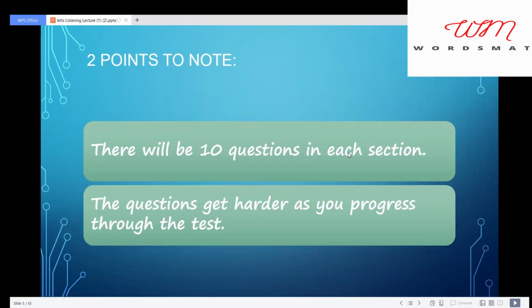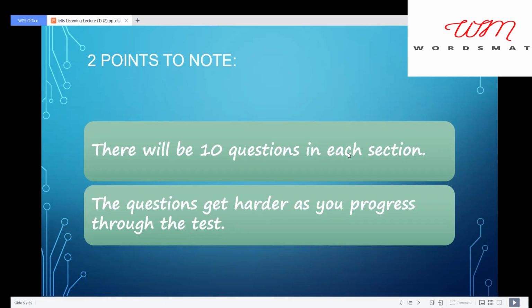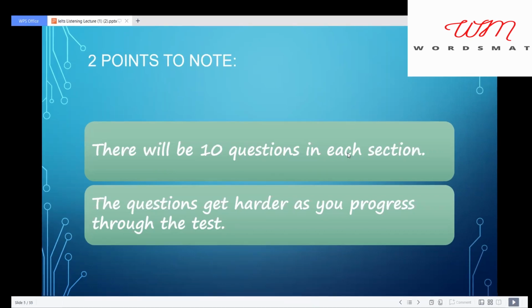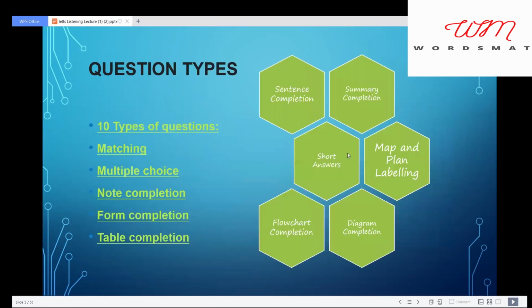Always remember, there will be 10 questions in each section, and most probably the questions get harder as you progress through the test. Section 1 would be the easiest one. With the progression of sections, the speed of speech will increase and the test will become harder. A lot more paraphrasing and synonyms would be used. So that's all about it.